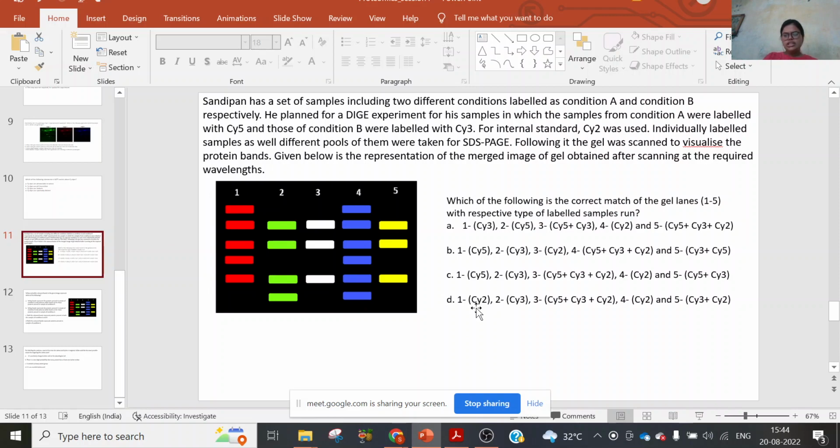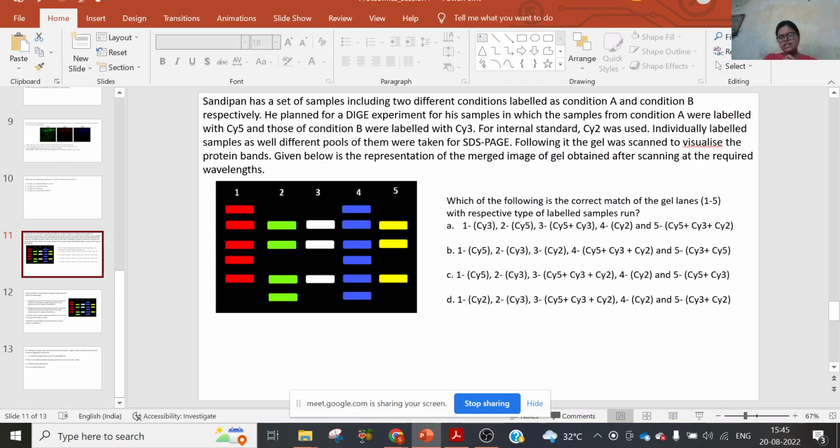So this is incorrect. Cy2 is generally blue. So here 1 is Cy5. So options B and C have 1 as Cy5, which is correct. Lane 2 is Cy3, which is correct for B, C as well as D. Now blue is for this, which is lane 4.